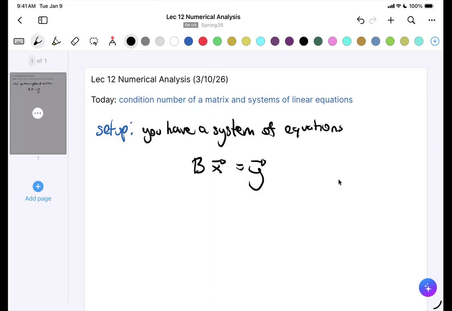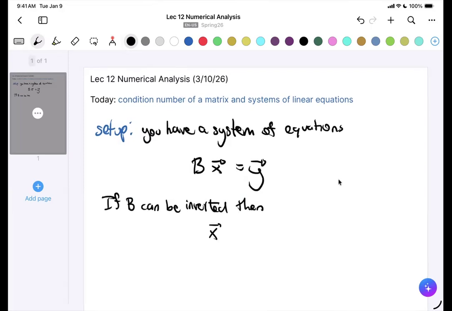This is a completely general problem of linear algebra. If B could be inverted, so in particular it has to be square, then the solution to the system of equations is just B inverse times y. And in a sense, that is the end of the story.